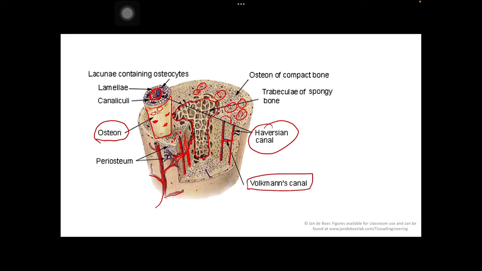So it's a quite complex, very highly organized structure, and that makes the whole structure of bones quite interesting. And the strategies to create tissue engineering options are quite complex at the same time.